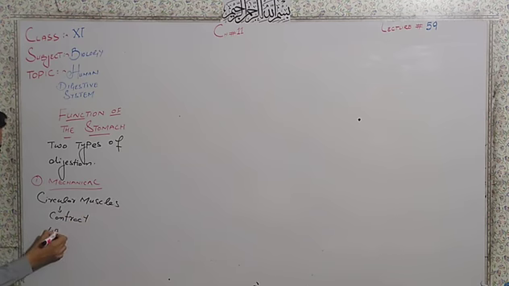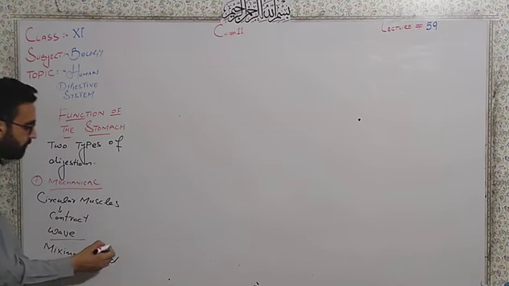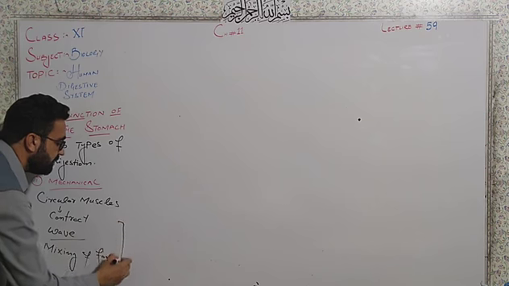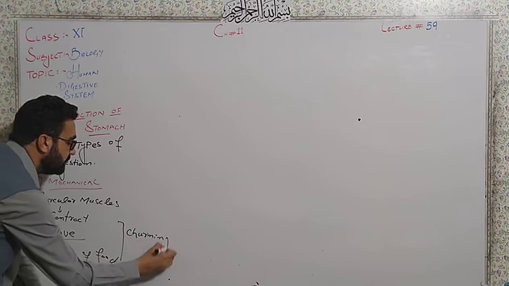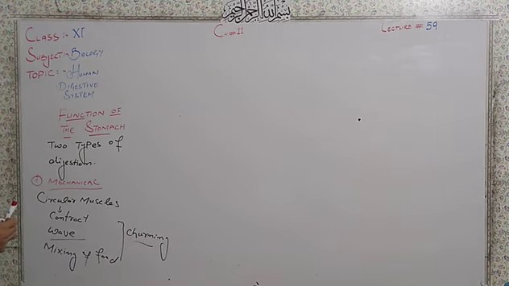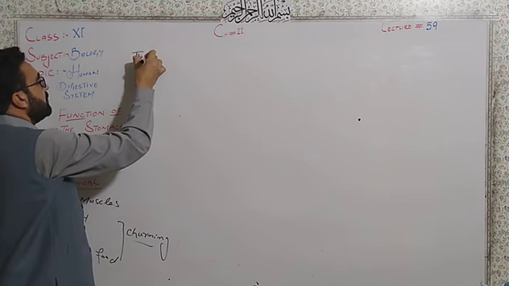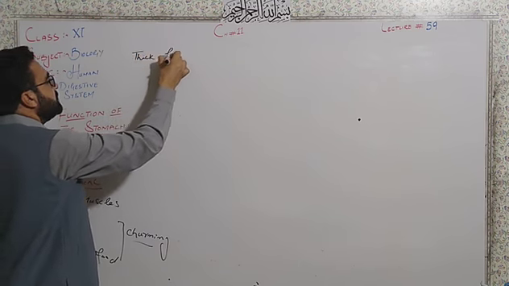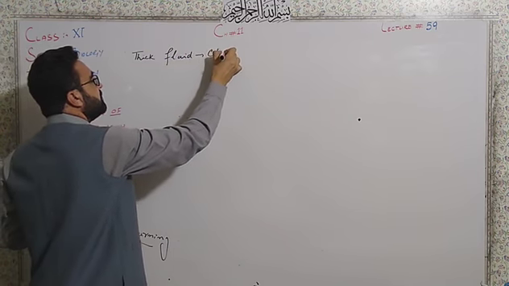They produce waves, and these waves are important for the mixing of foods. This mixing of food and contraction, this phenomenon is called churning. After the churning, the food is converted into a thick fluid, which is called chyme.